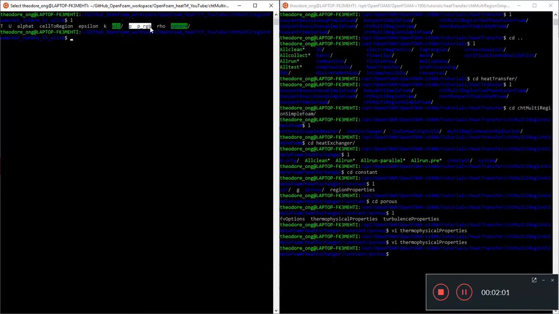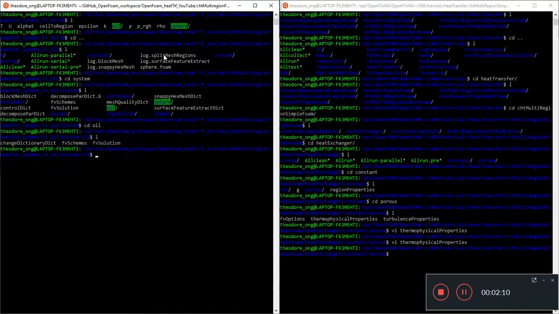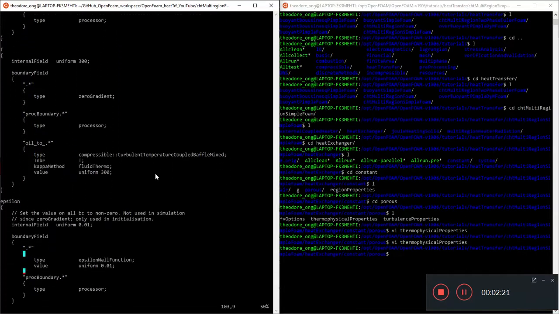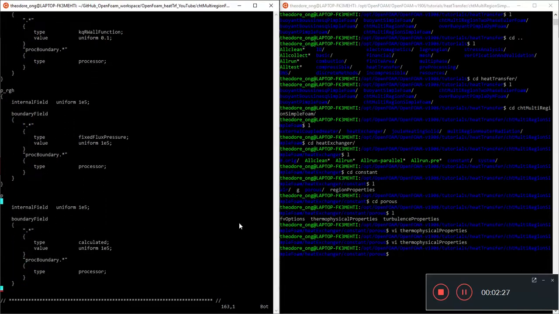So for p_rgh, we can actually take a look at system and go to the changeDictionaryDict, and we take a look at p_rgh. Now, what is p_rgh actually, and what are these boundary conditions telling you to do?